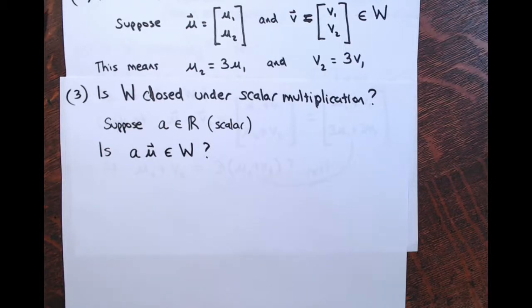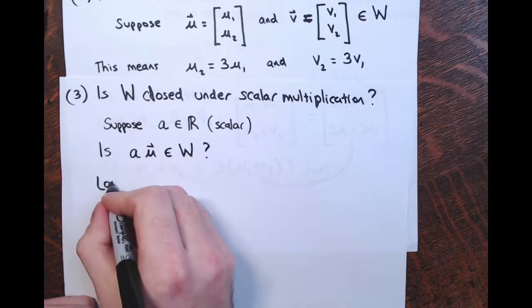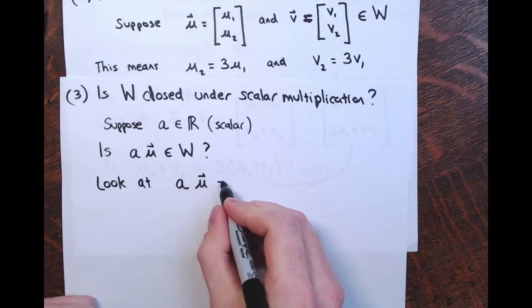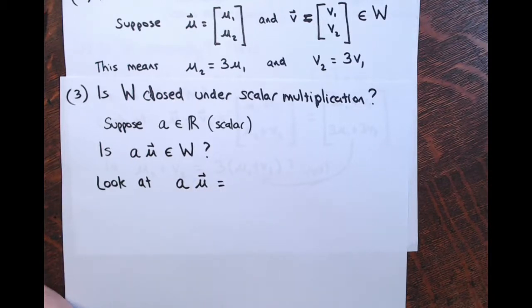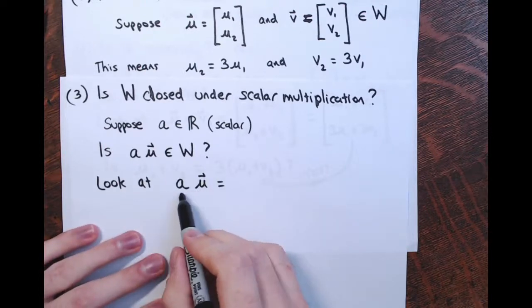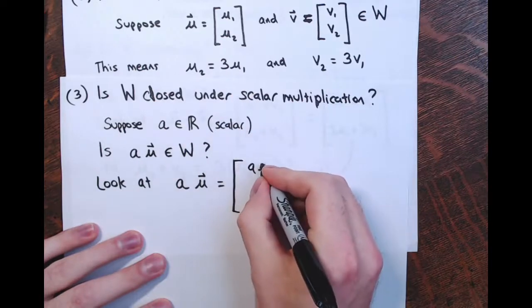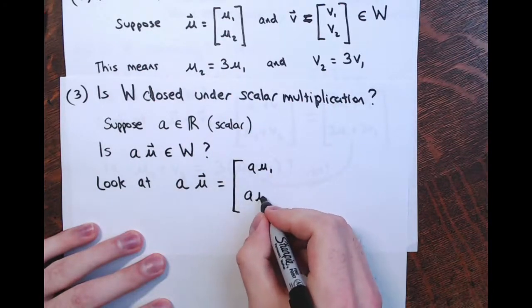Does this also belong to W? Well, let's take a look at the scalar times vector u. The way scalar multiplication is defined here may not be the same way it's defined in the future. We'll see other definitions of scalar multiplication for other sets of vectors. But for right now, a times u is going to be a times u1 for the first component and a times u2 for the second component.